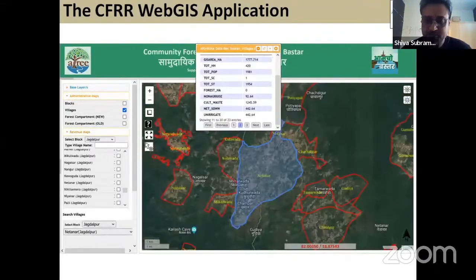One is using these two layers, and at the same time providing attribute data for these villages and forest compartments, which helps the backend team or the post-processing team to help these local communities and facilitators in verifying these claims.